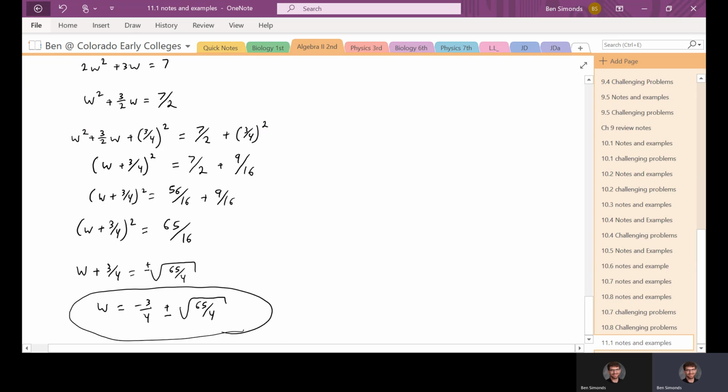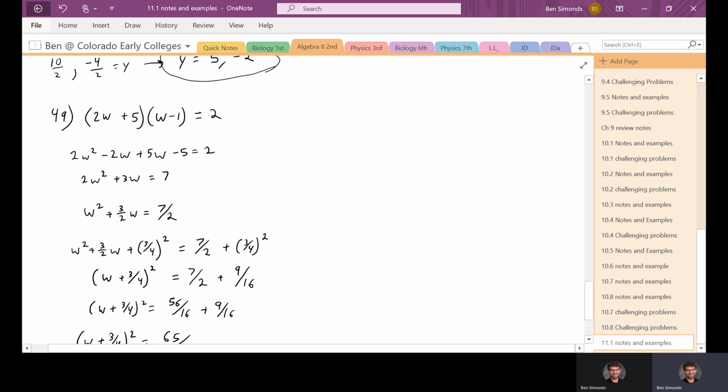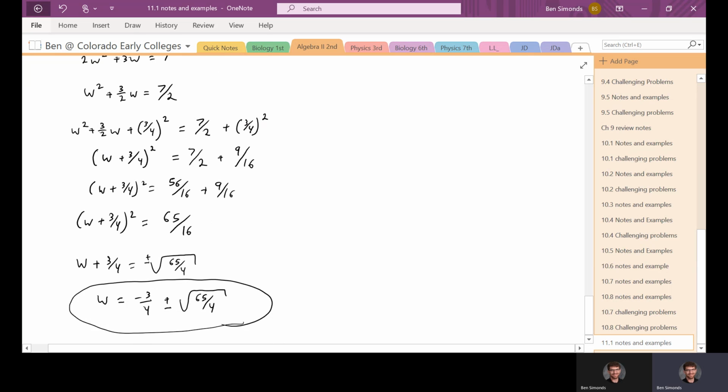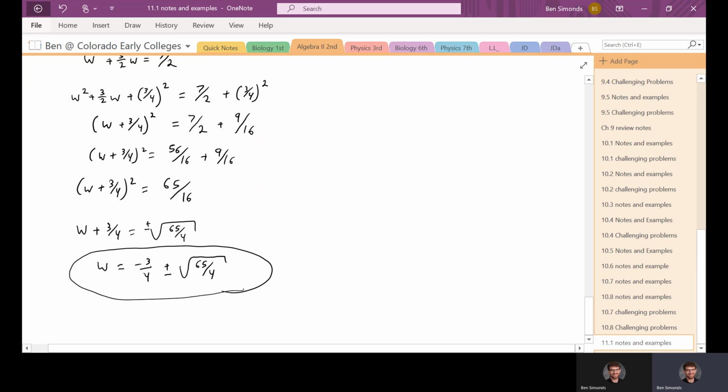It's definitely possible. Let me check. Yeah, that's positive 3w. Copied the problem down wrong, which has been known to happen. So let me check the original problem. Well, all right. So as far as I can tell, it's just an ugly answer. But please let me know if you discover something differently as you're working.